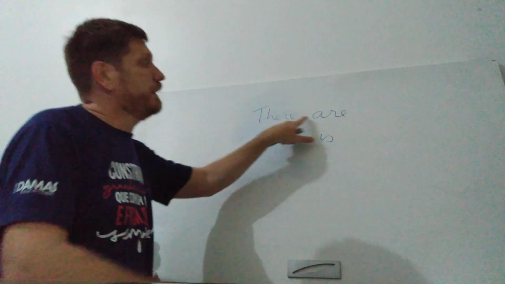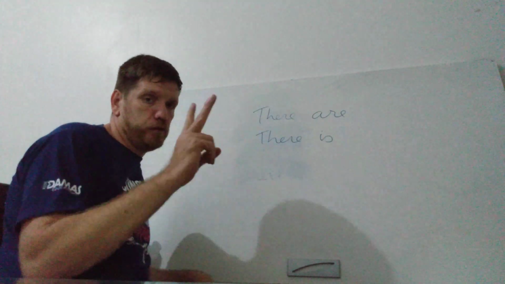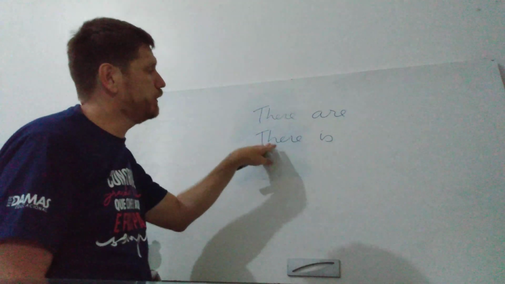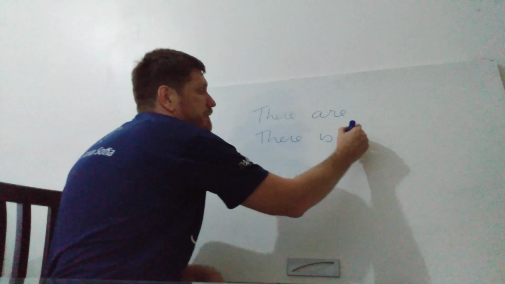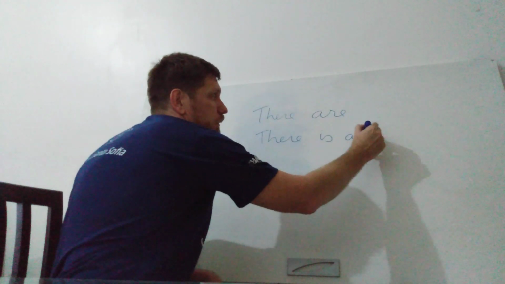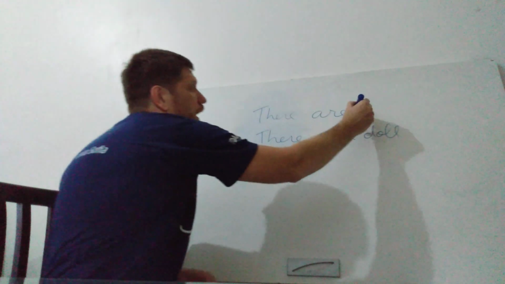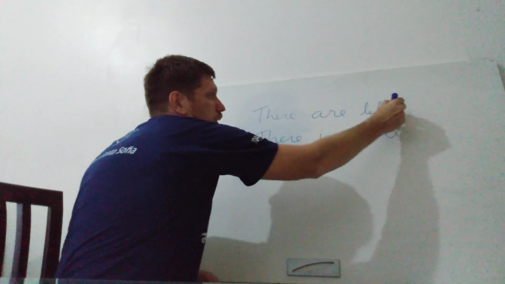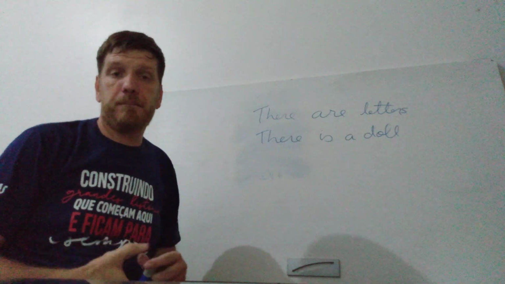So we use there are for two or more, and we use there is for only one. So there is a doll and there are letters. Okay?